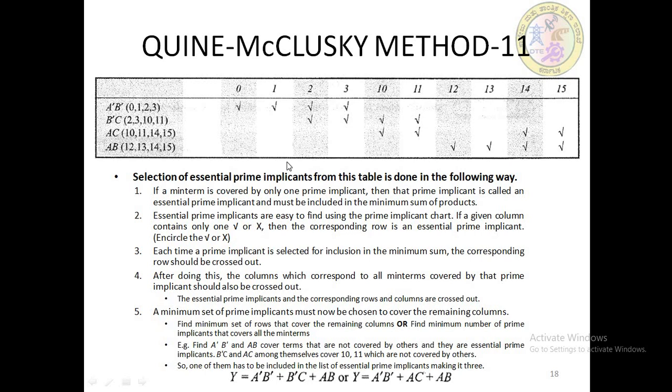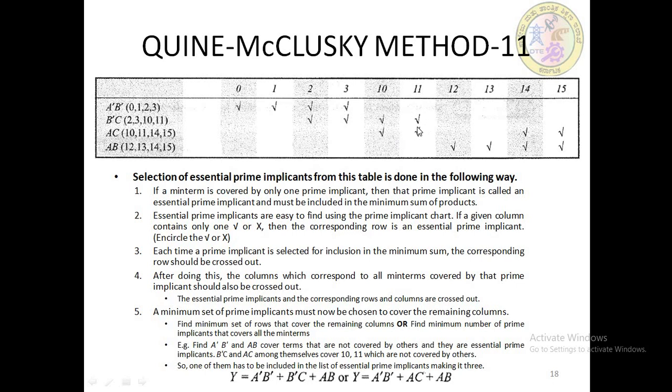Here our intention, first these two are not covered by anyone, so we will take them up. These two are not covered by anyone, so they have to be essential prime implicants. That means these two will become essential prime implicants. There is one more point. How will these two become essential prime implicants?